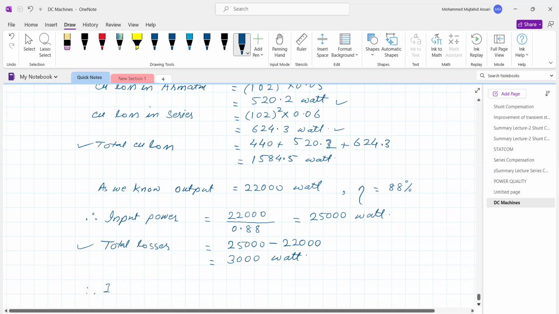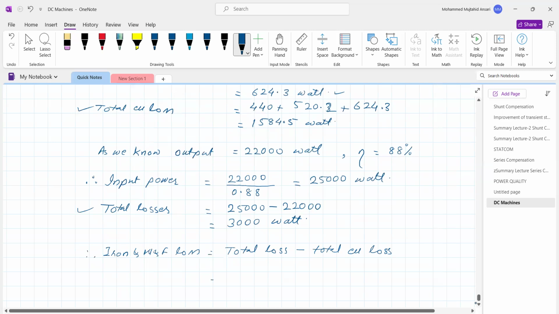Therefore, iron and windage and frictional loss is equal to total loss minus total Cu loss, so the loss is equal to 3000 minus 1584.5, and this is equal to 1415.5 watt.